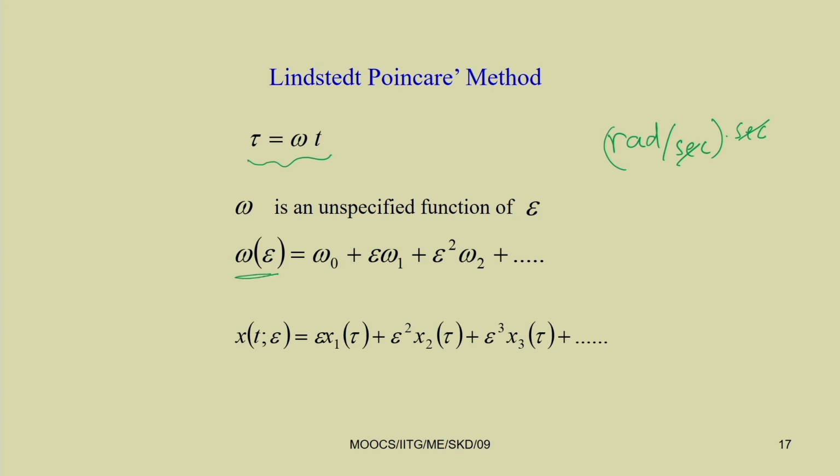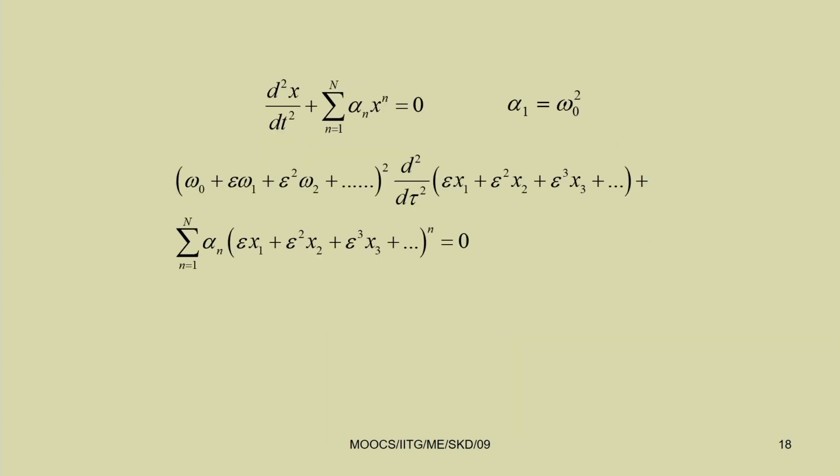Omega can be written as omega 0 plus epsilon omega 1 plus epsilon square omega 2, up to higher order terms also, and x, like the previous case, we can write as x equal to epsilon x 1 plus epsilon square x 2 plus epsilon cube x 3. Now substituting these two in our original equation, that is x double dot plus omega 0 square x plus alpha x square plus beta x cube.